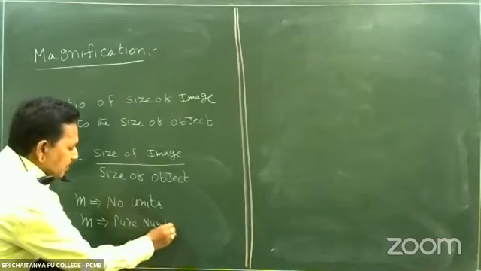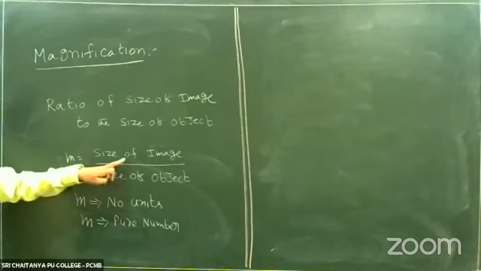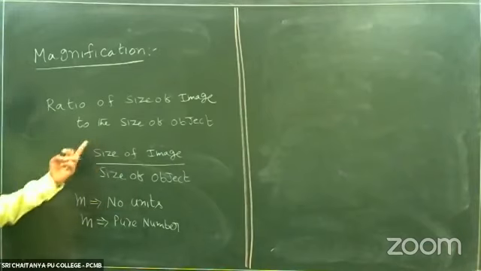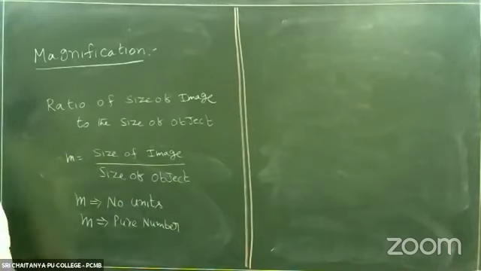What it gives means how many times the size of the image is greater than the size of the object, or how many times the size of the image is less than the size of the object. It gives the relation between the size of the object and the size of the image.